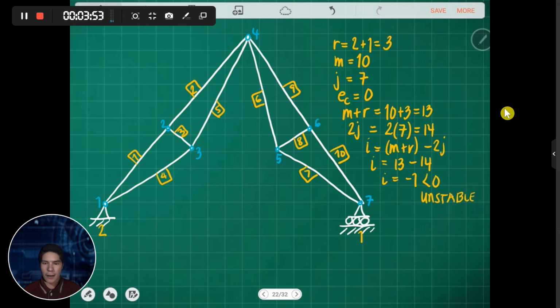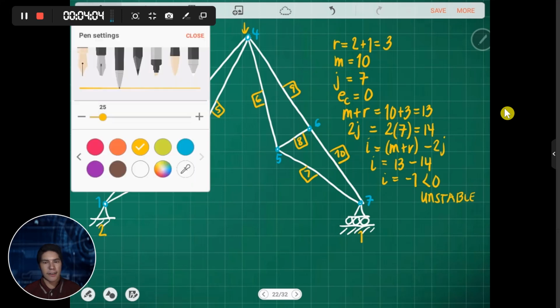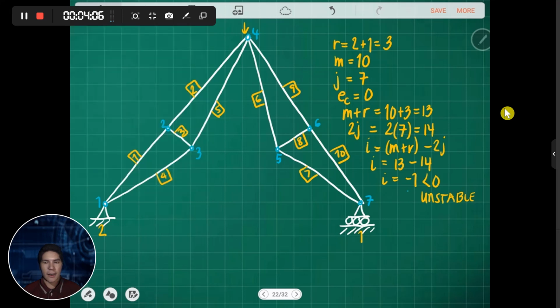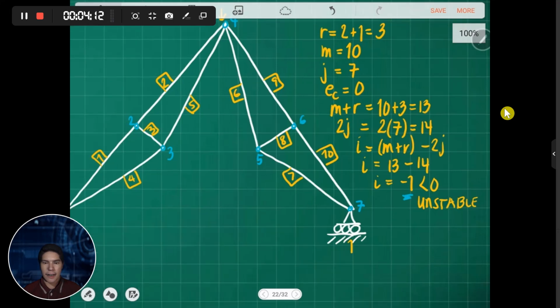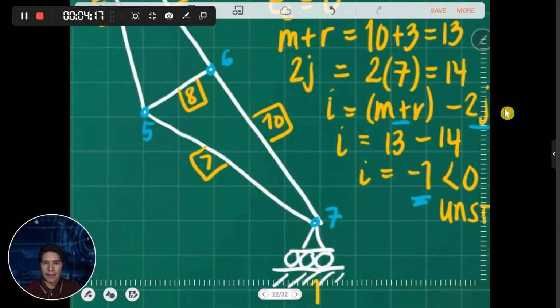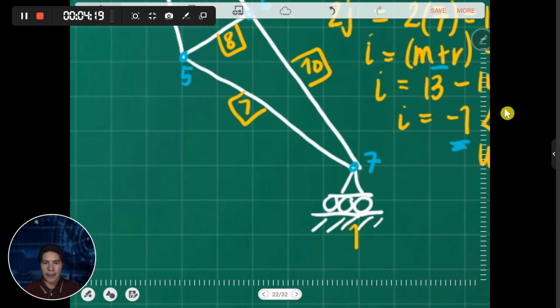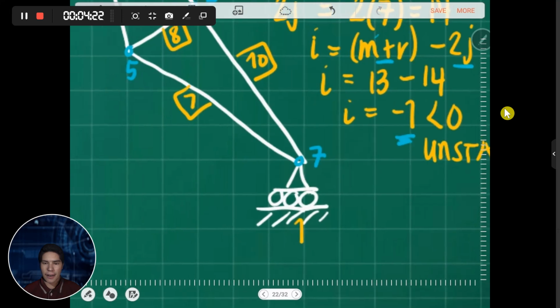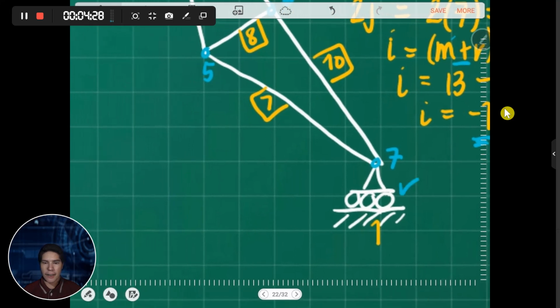So just imagine if you apply load here. The tendency is it can't support. The degree of indeterminacy tells us that we need 1, because m plus r is smaller than 2 joints. So it could be we provide an additional support reaction or a member force. So we can just make this a pin so that at least we have additional reactions.